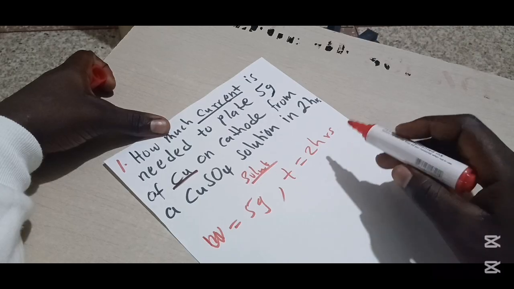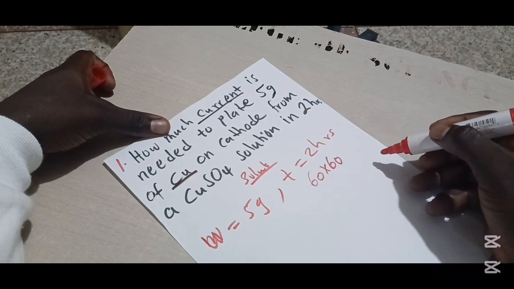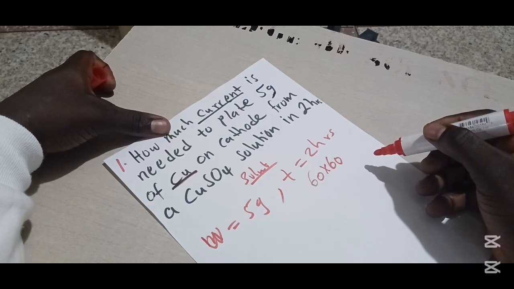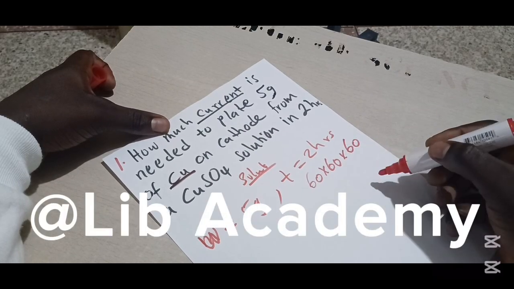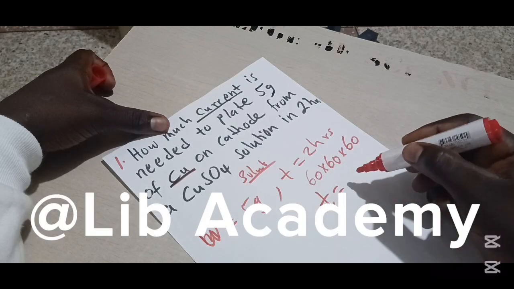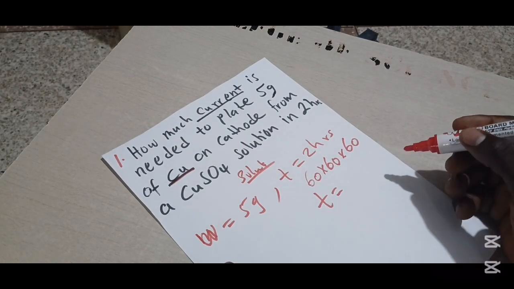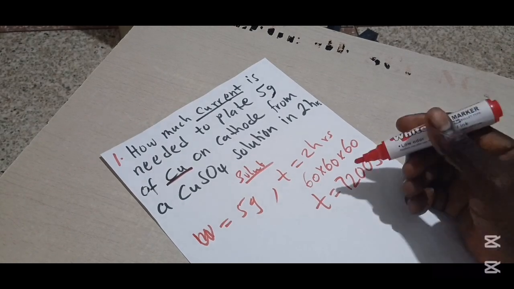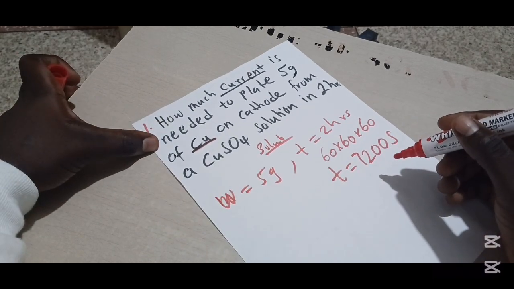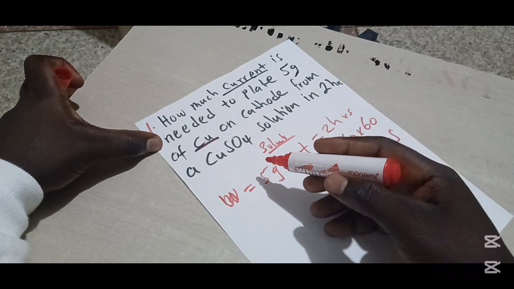So 2 hours is going to give us 2 by 60 minutes. Then we know that 1 minute gives us 60 seconds. So we just multiply by 60. So this is going to give our time in seconds to be 7200 seconds.